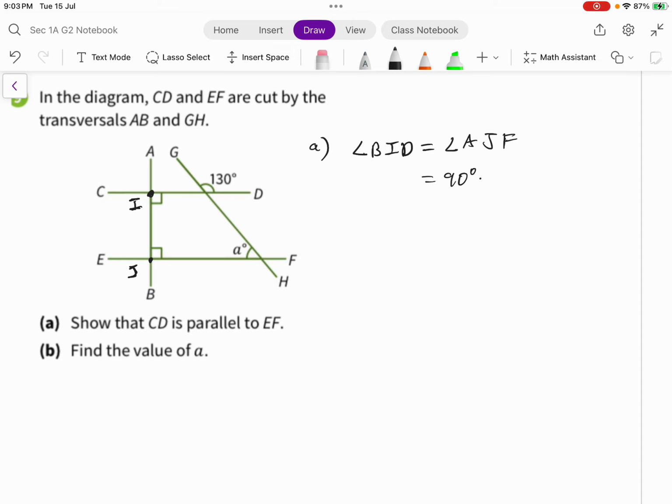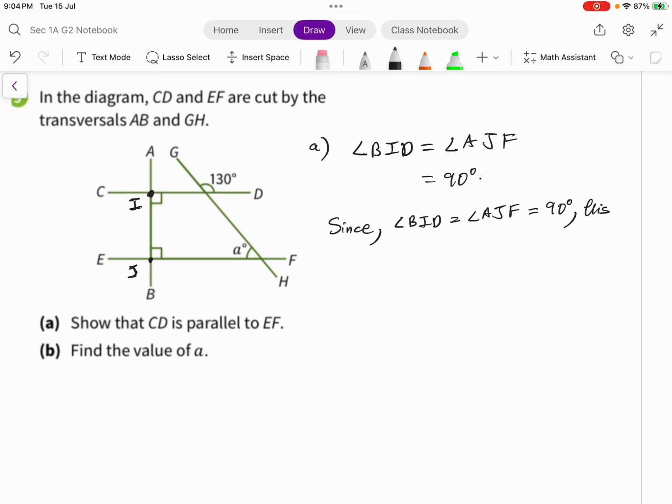Alright, so I need to write my statement. Since angle BID equals to angle AJF, equals to 90 degrees.